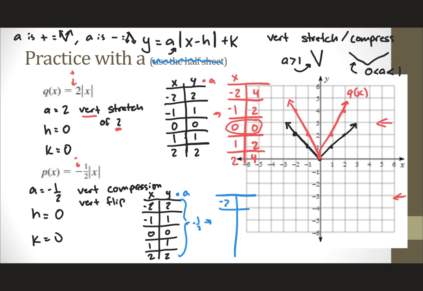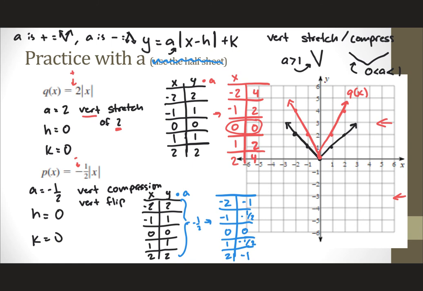In my new table, remember the x's stay the same. And let's do this. 2 times negative 1/2, well, that's a negative 1. 1 times negative 1/2 is a negative 1/2. 0 times negative 1/2 is still 0. 1 times negative 1/2, and you get the point. It's just going to mirror its way down. 2 times negative 1/2 is a negative 1.